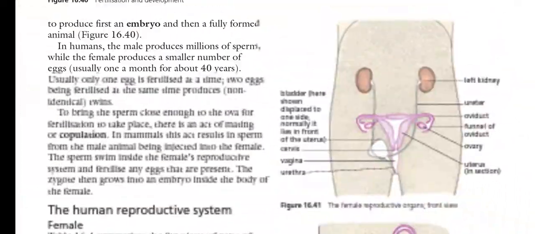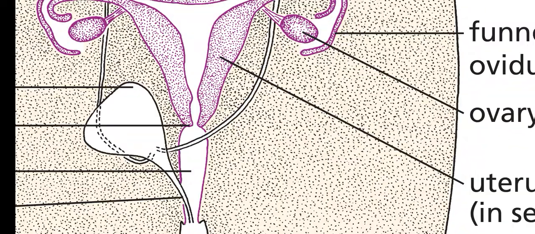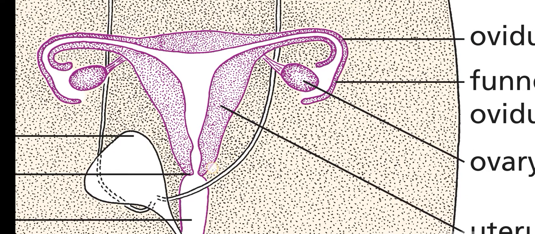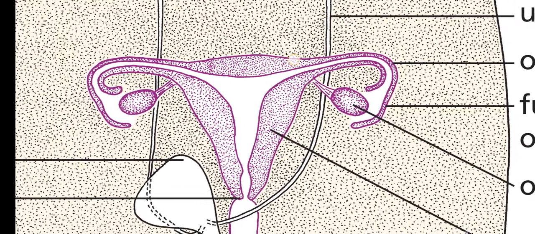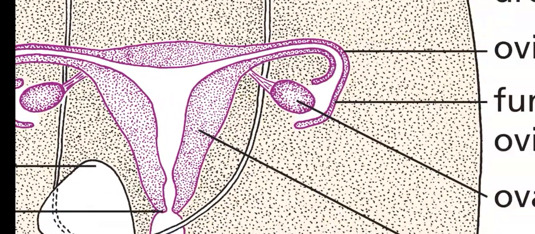Here is the vagina, where sperms are deposited, and the constricted muscular part is called the cervix. After that is the uterus, and this is the uterine tube, also known as the fallopian tube.